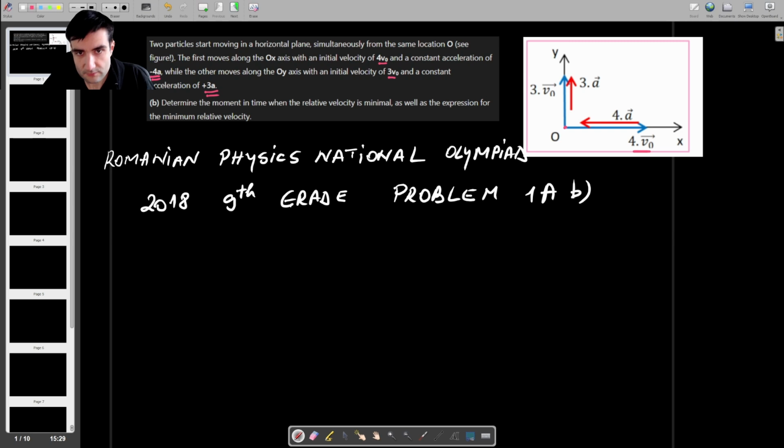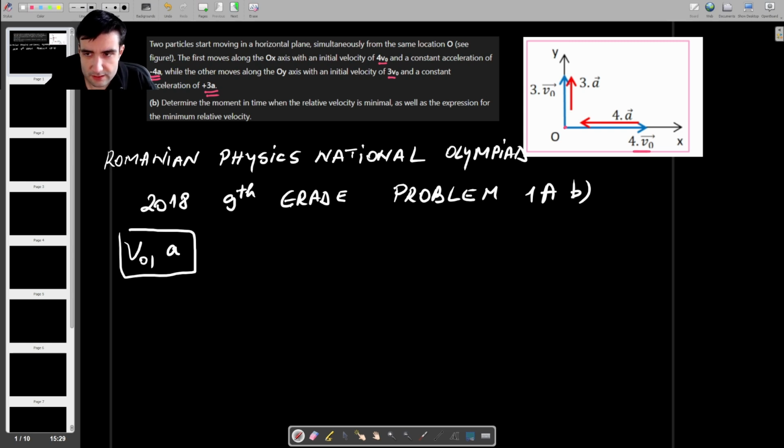So we essentially have two constants, v0 and a, and both velocities and accelerations are multiples of v0 and a respectively.